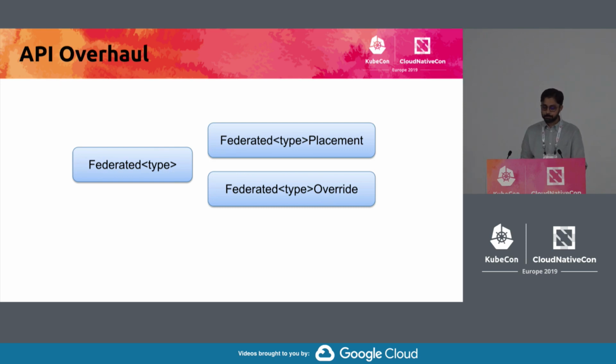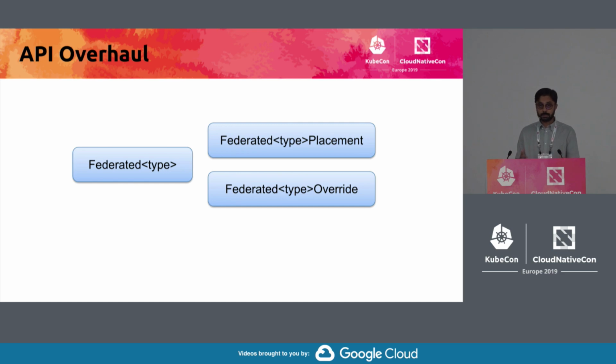What we found is that it seemed a little problematic for the user, because a user dealing with so many APIs might get overwhelmed. The initial reason we did this was mainly to have some RBAC-based controls on placement, for example. So a user can define only the template, but maybe does not control the placement or the override.